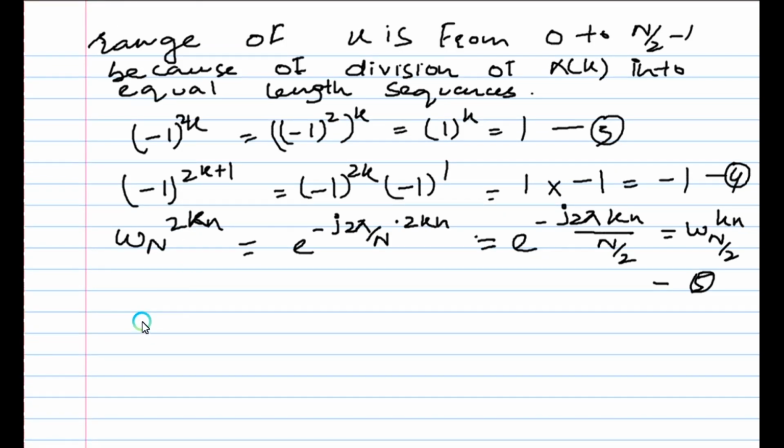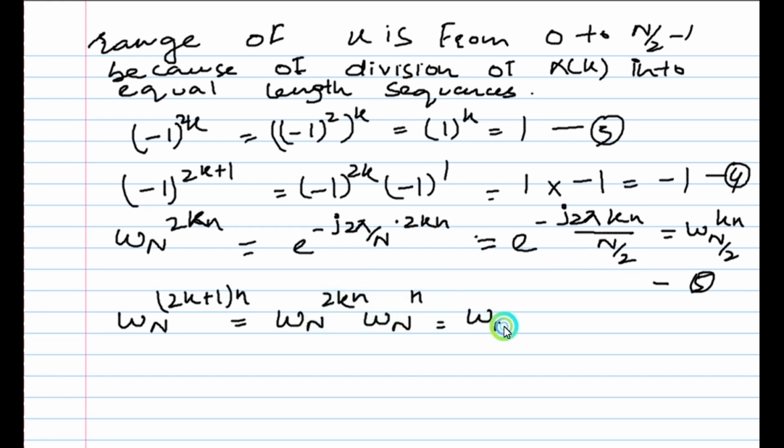Now let me come to W n raised to 2k plus 1. This is W n, I will break it down into 2k n, and here it will be W n raised to 2k n. We know W n 2k n is equal to W n by 2, k n, into W n.